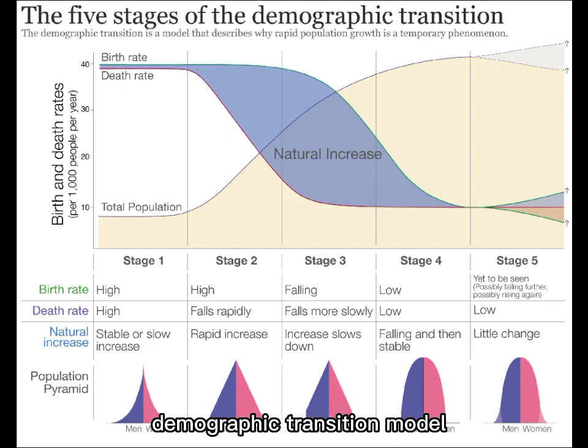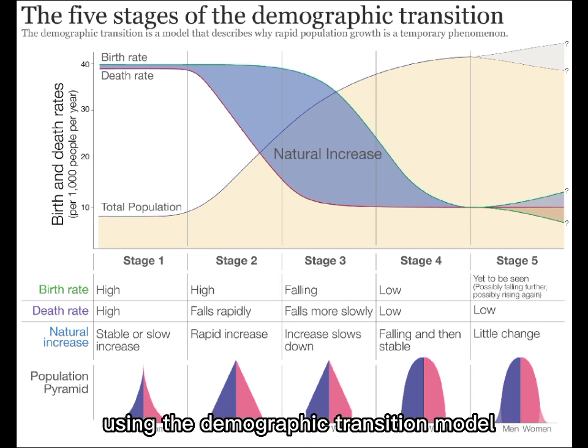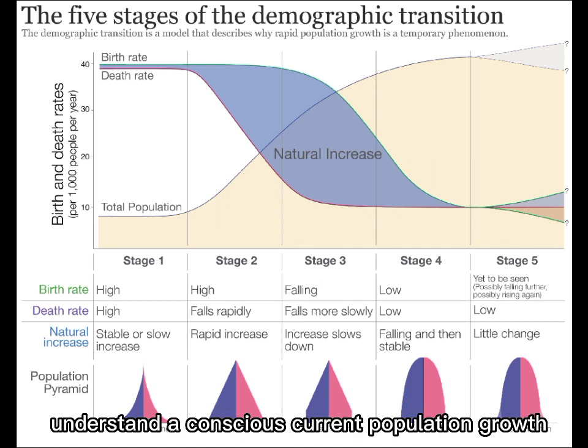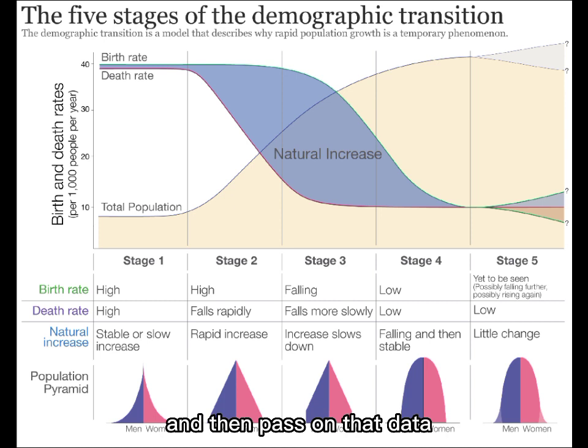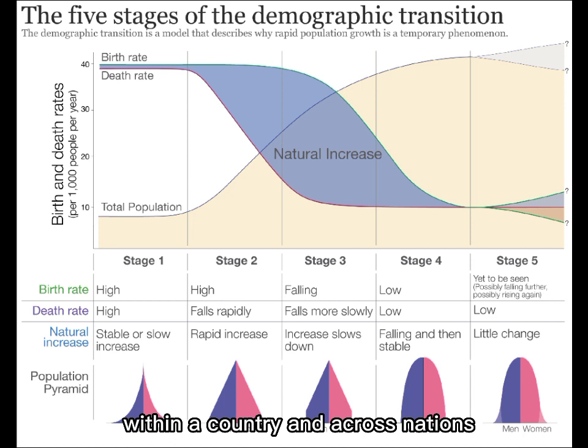The demographic transition model helps explain and make sense of changes in population demographics. Using the model, demographers understand a country's current population growth based on its placement within one of four stages and then pass on that data to be used for addressing economic and social policies within a country and across nations.